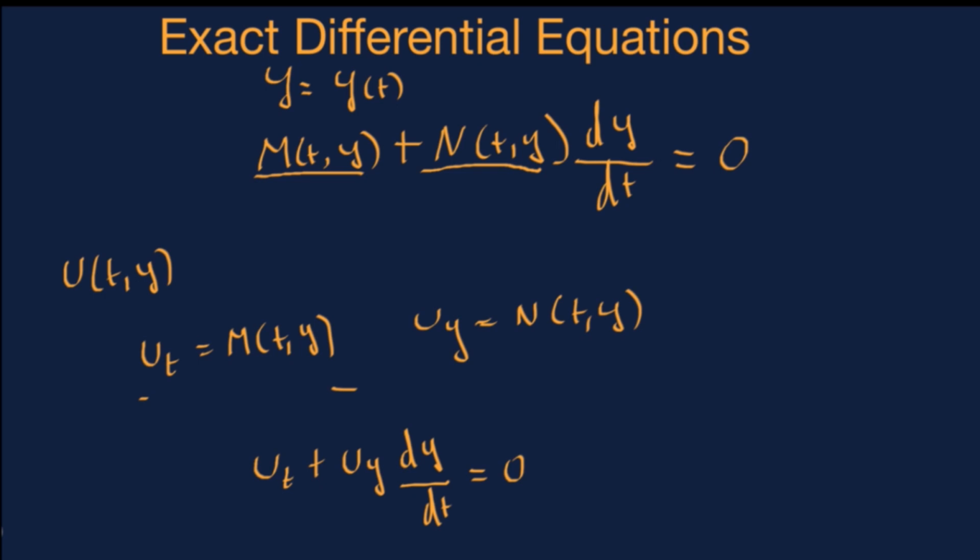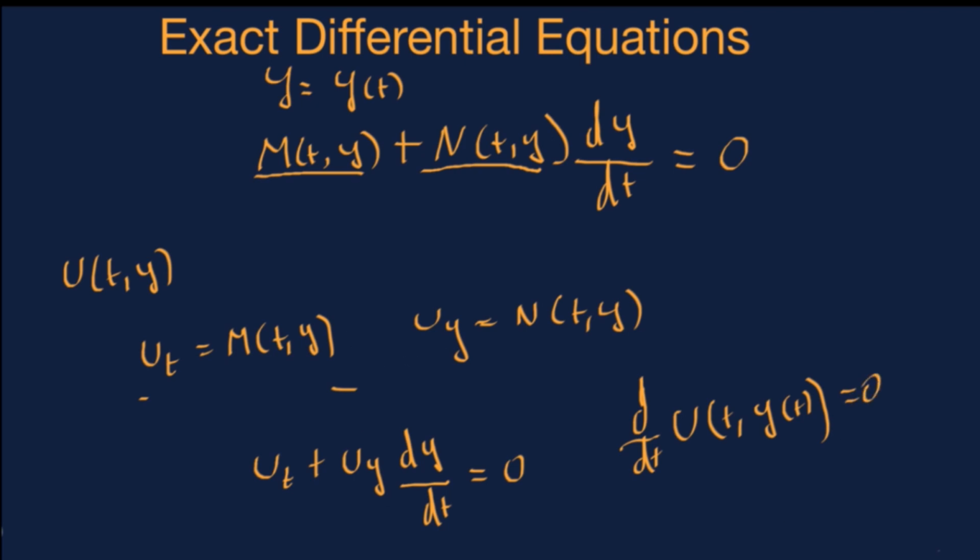And if you've taken multivariable calculus or calculus 3, then you may recognize the left side of this equation as the ordinary derivative with respect to t of the function u of t and y, because y is a function of t, and that will be equal to 0.